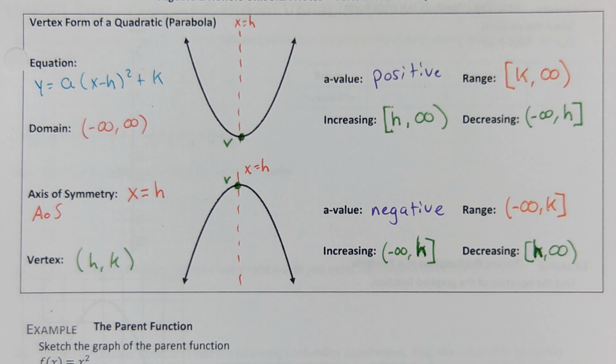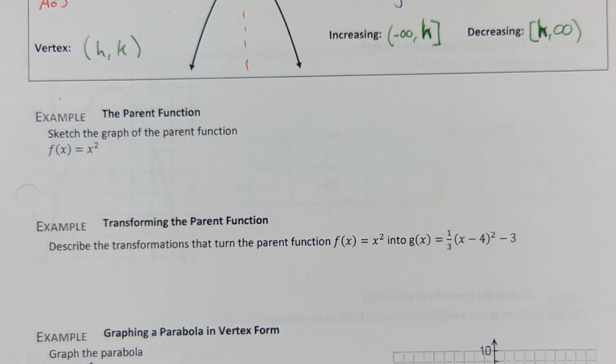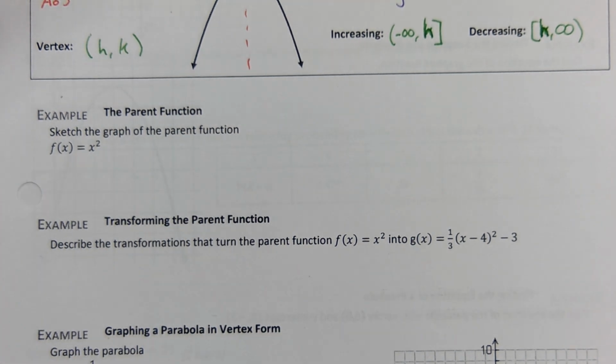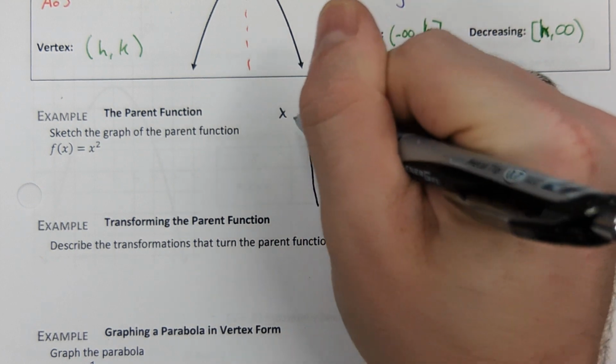Making mistakes. So the parent function is y equals, or f of x equals, x squared. This means no transformations. If you had no clue what the parent function looks like, you could just grab a bunch of x values and plug them in. So let's pretend we didn't know what this thing looked like. And we make ourselves a nice little xy table.